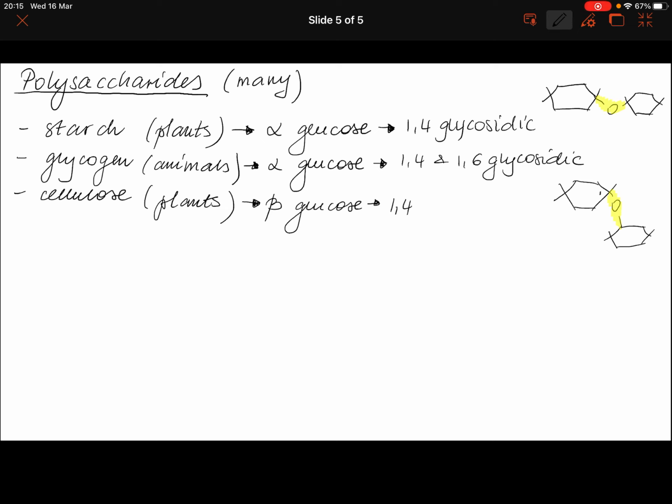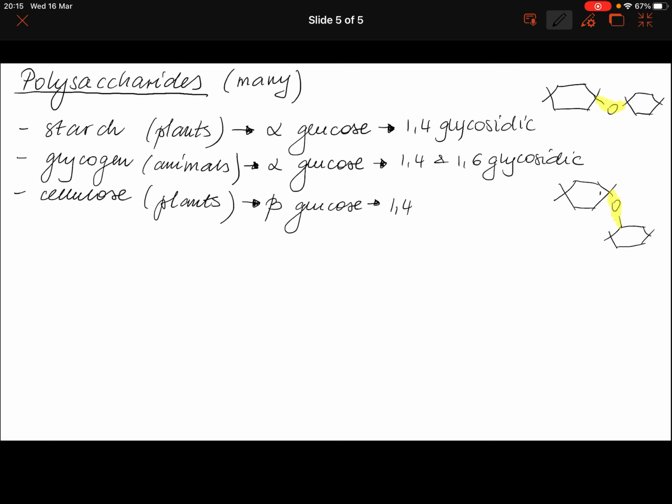It will have 1,4-glycosidic bonds. However, in contrast to starch and glycogen, cellulose is a straight molecule. So how is it possible to maintain a straight molecule having 1,4-glycosidic bonds?